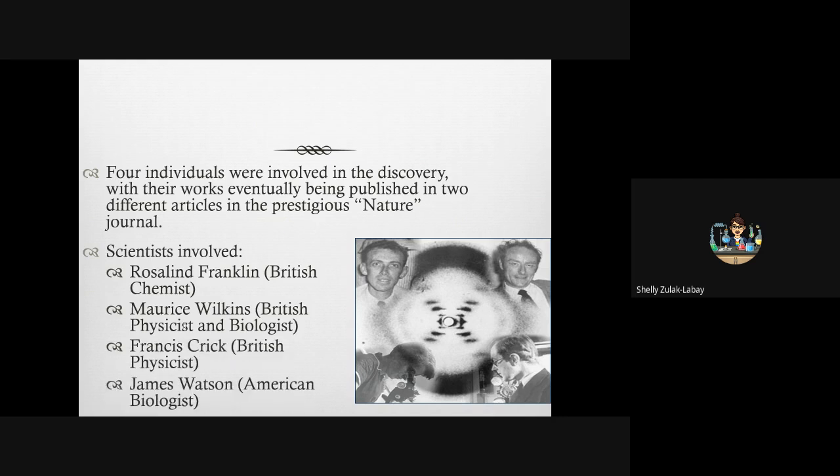And then the other 2 scientists, British physicist Francis Crick and American biologist James Watson, did more work at a different college in England. They both published similar thoughts about the structure of DNA in a very famous scientific journal called Nature in the same year, which was the spring of 1953.